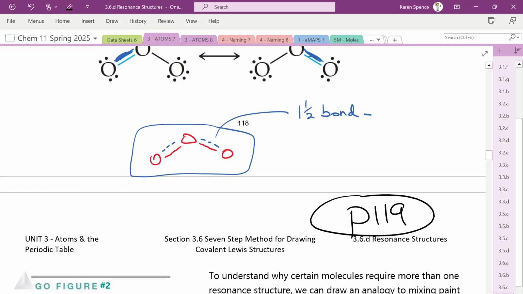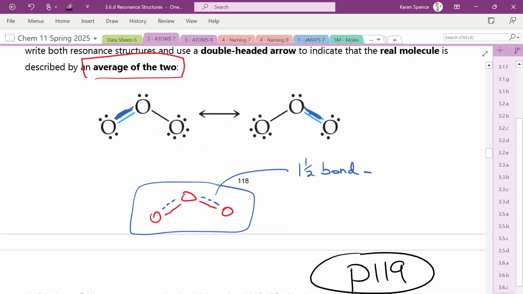Last day we were looking at resonance structures that bopped back and forth between 2 or 3 different structures.